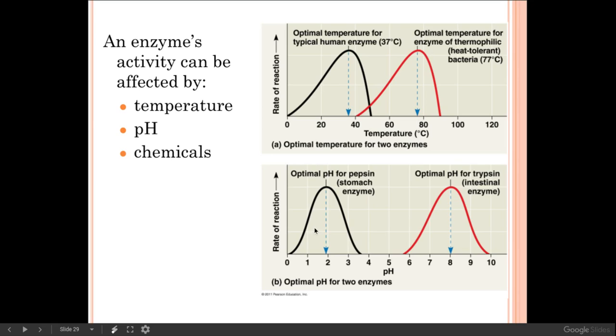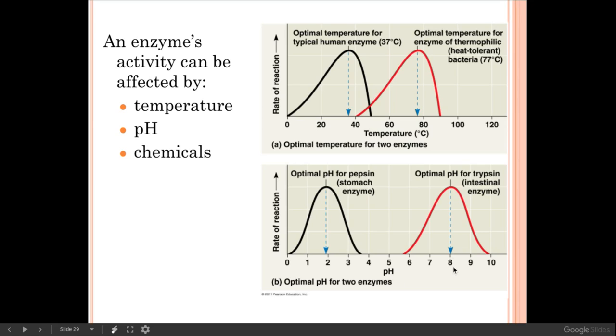Down here, you can see that we have some optimal pHs for different enzymes. This pH is at 2, which is very acidic, and that's for pepsin, which is an enzyme that breaks down proteins inside your stomach. The stomach environment is very acidic because it needs to be in order for pepsin to work and break down those proteins. But we have a different enzyme called trypsin that is found in the intestines, and that's at a pH of 8.